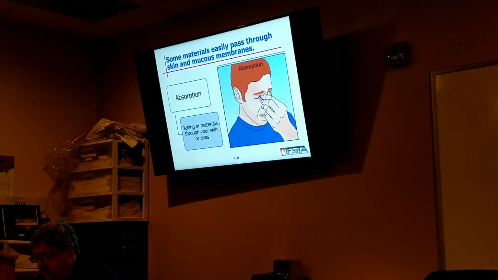So we're talking about eyes, nose, mouth, wrists, neck, ears, hands, groin, underarms. Many of these poisons are easily absorbed into the body. Others can enter the body as easily as touching a contaminated finger to your eye. We have to remember that because it's really important.